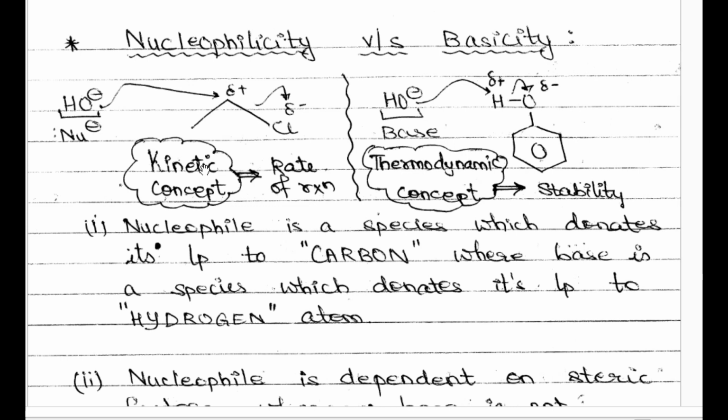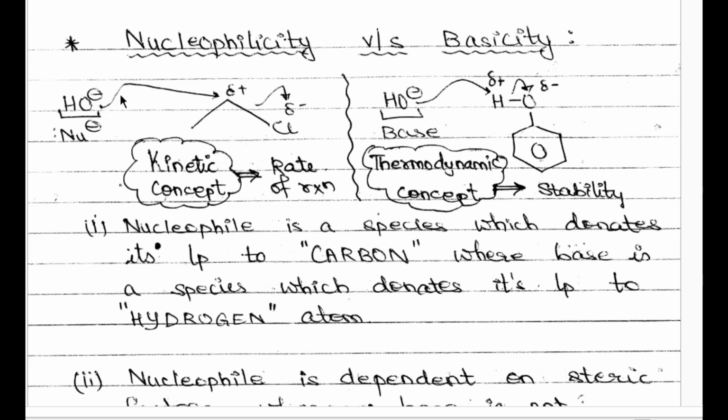Next important thing: nucleophilicity is a kinetic concept, meaning it deals with the rate or speed of reaction, and basicity is a thermodynamic concept, meaning it deals with the stability of the species formed. What does it mean?